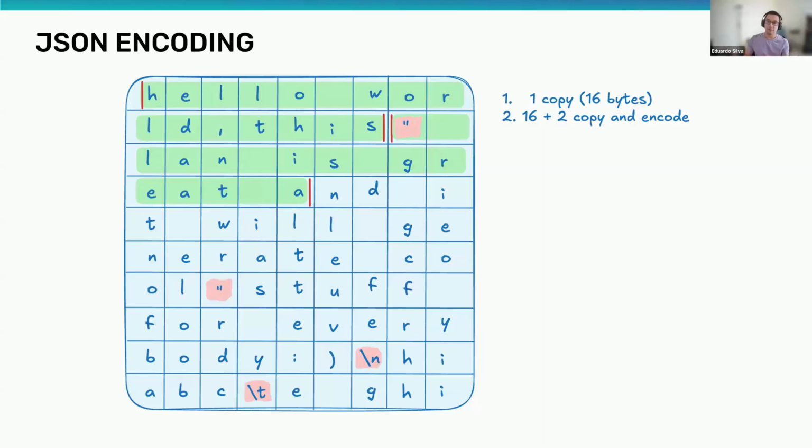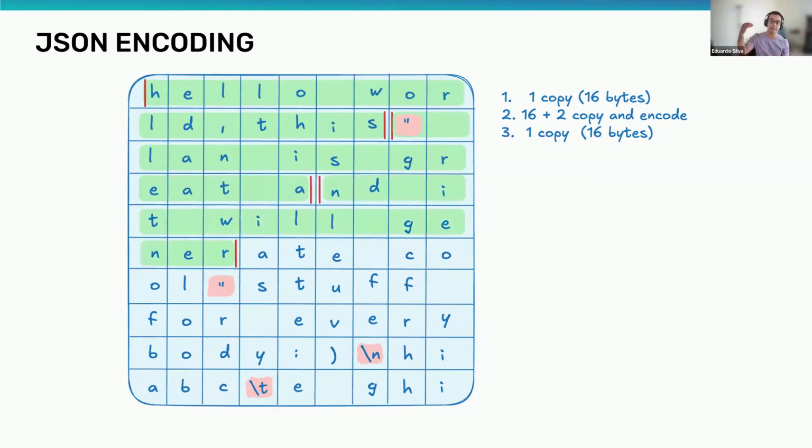It's 16 operations plus 2 operations to copy and encode this byte. And we continue, the same as the first part. Do we have anything in this range that needs to be escaped? No. Everything looks fine. There's nothing, so we just do one operation and copy the 16 bytes. And we repeat this exercise with all the remaining part of the buffer.